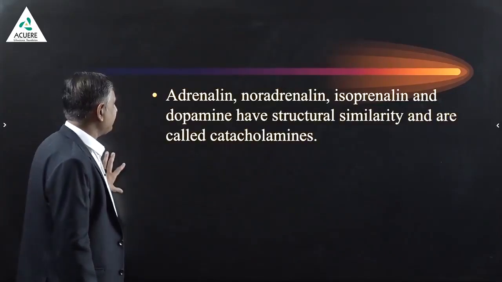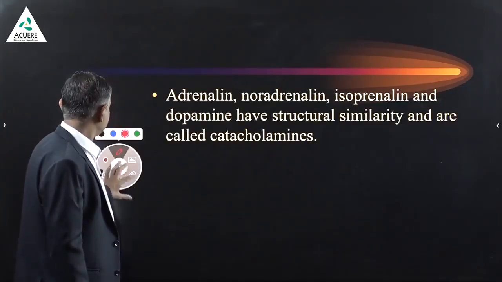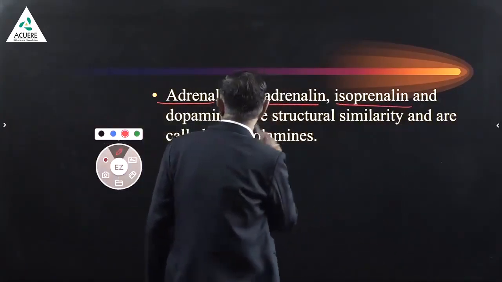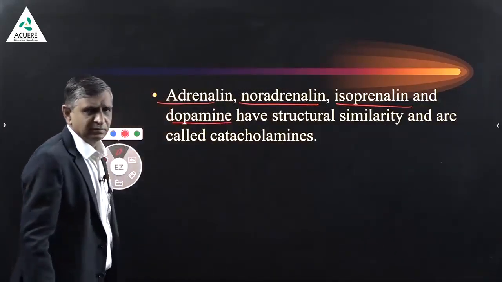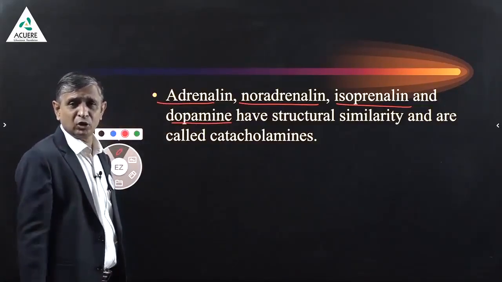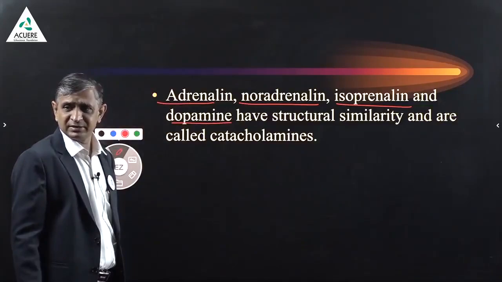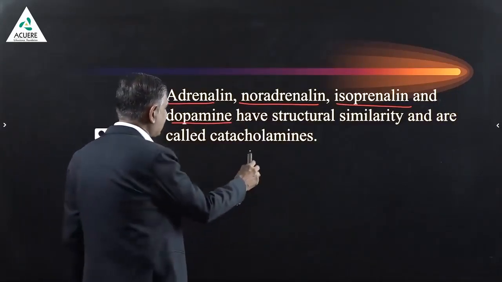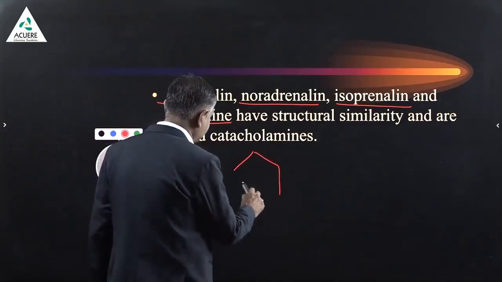Now, this is a very important point. Adrenaline, noradrenaline, isoprenaline and dopamine: these are the 4 drugs known by the name catecholamines. They are known by the name catecholamines because they have one catechol nucleus.